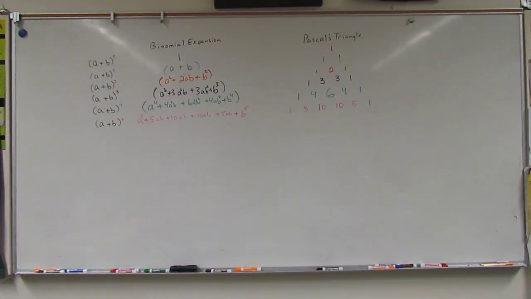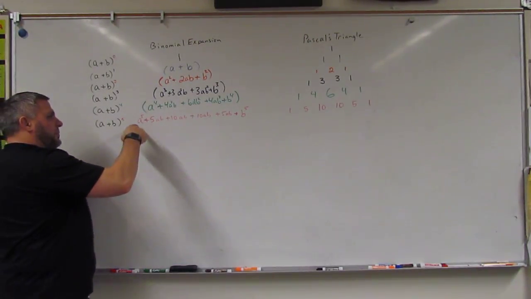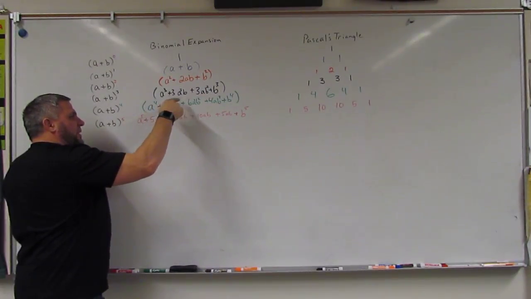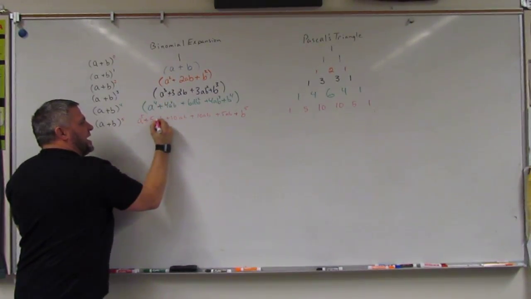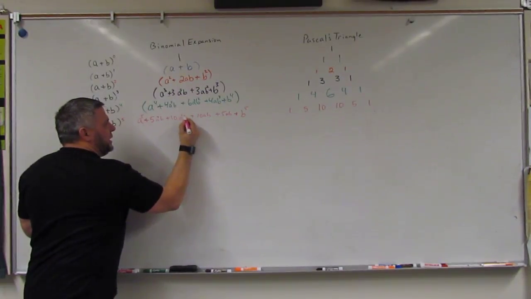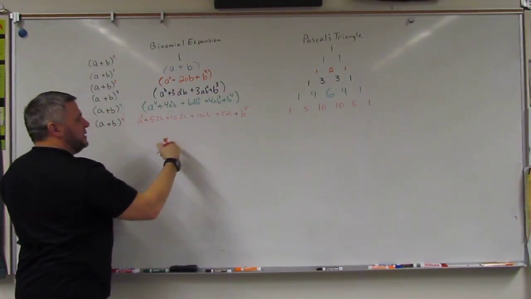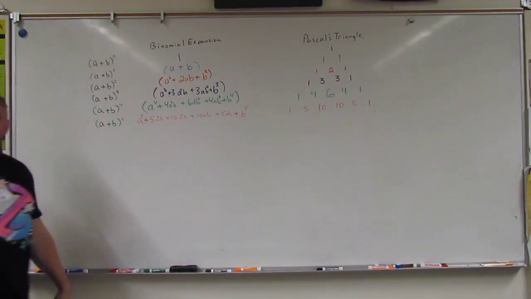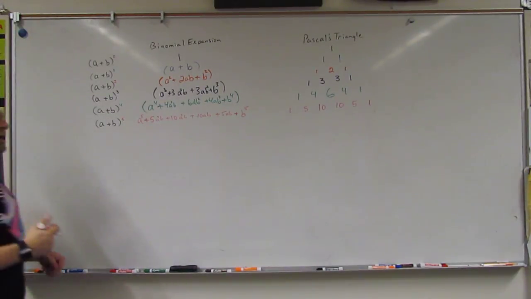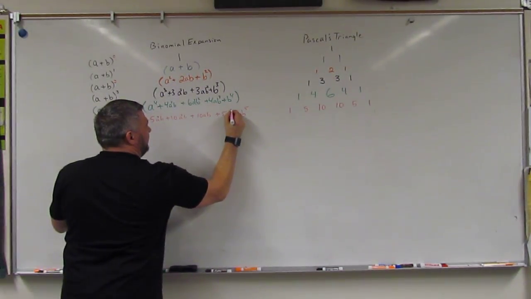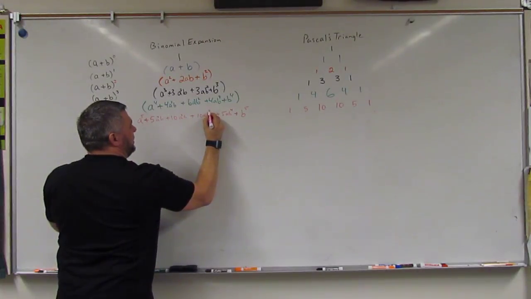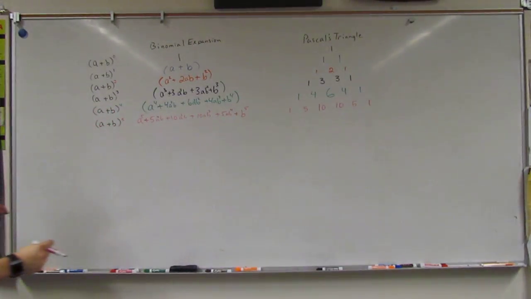But now we got to figure out that other pattern. Well, let's see. So before it was just 4, 3, 2, right? So wouldn't this be 5, 4, 3, right? And it stops at 3, right? Because I'm going the other way then, right? 5, 4, 3, right?